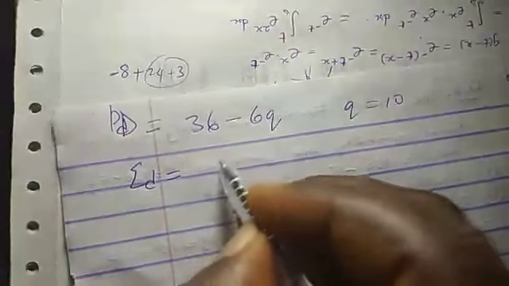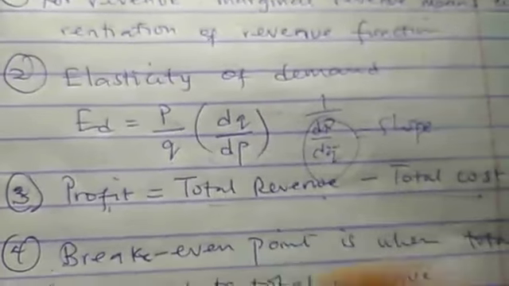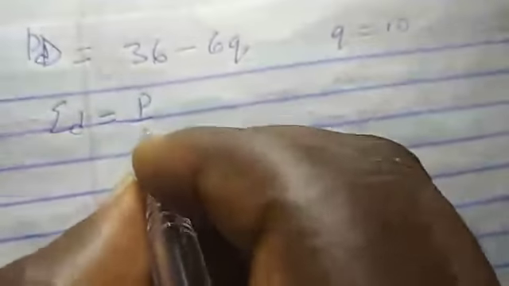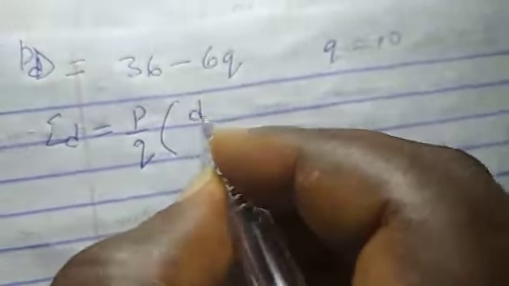Let's recall the elasticity of demand from the formula I gave initially. You can see this is the formula once again. Elasticity of demand is P over Q times dQ over dP.